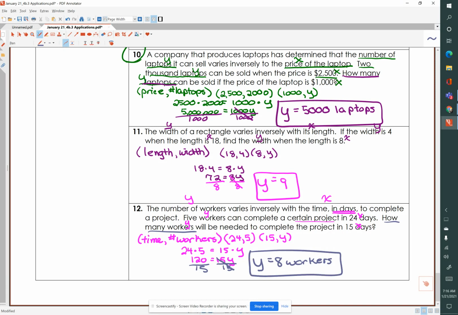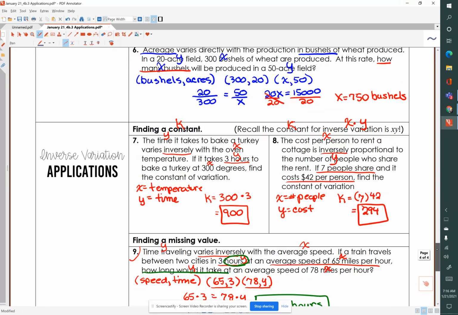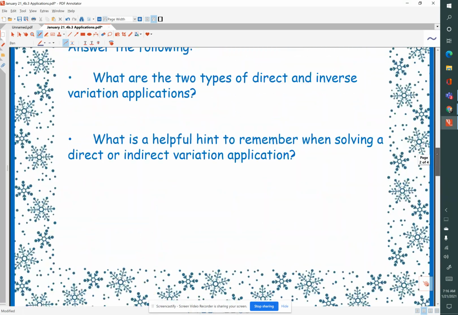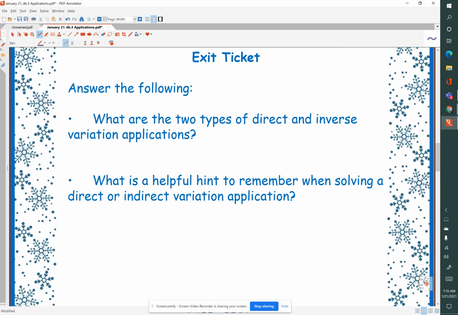So there it is. That's your lesson on direct and inverse variation word problems. I hope you saw that they are really, really useful. So let's think about this. What are the two types of direct and inverse variation applications?